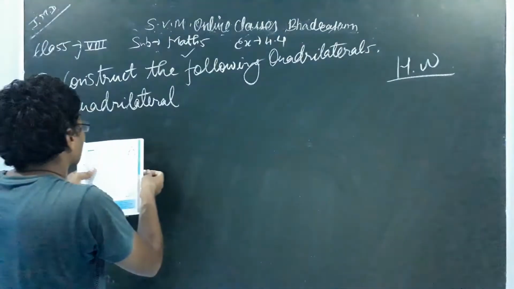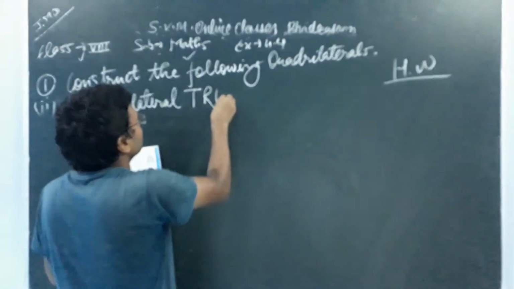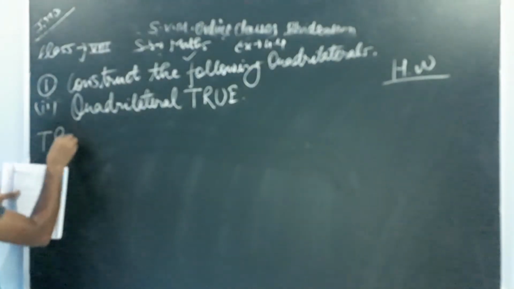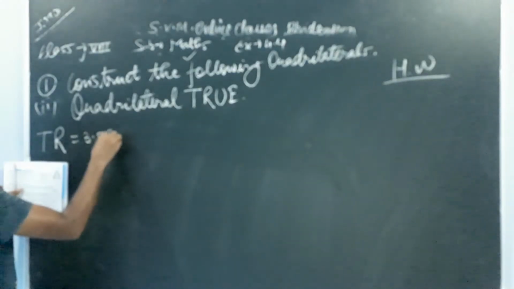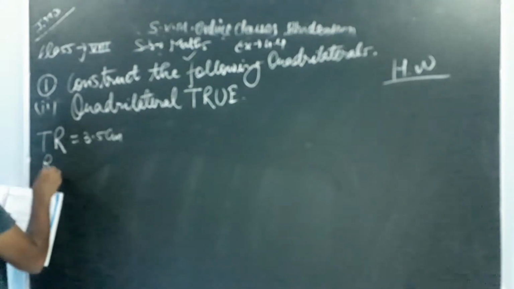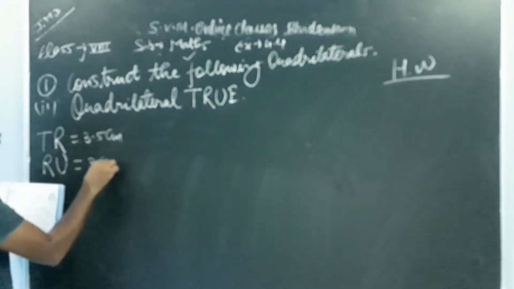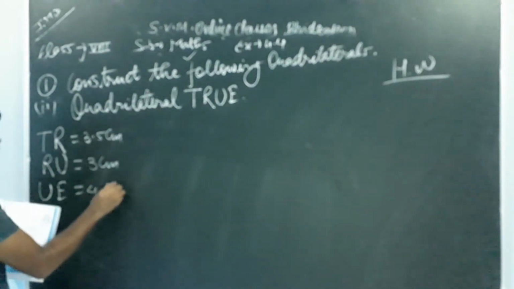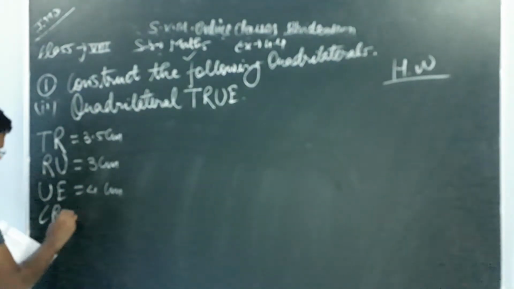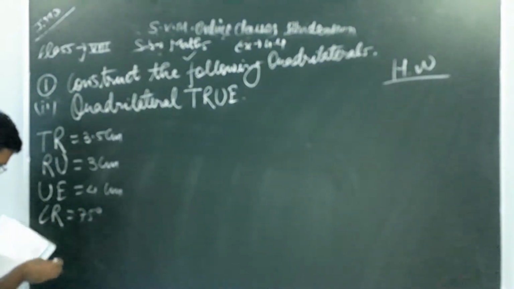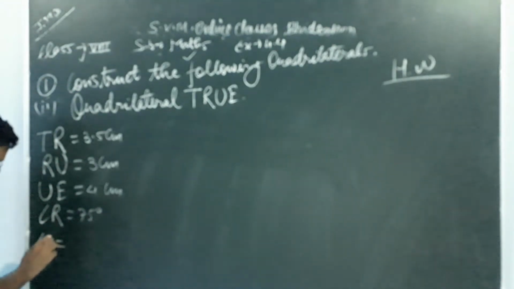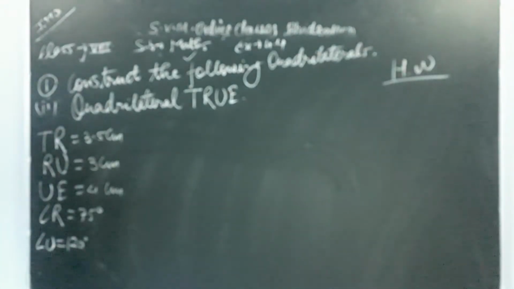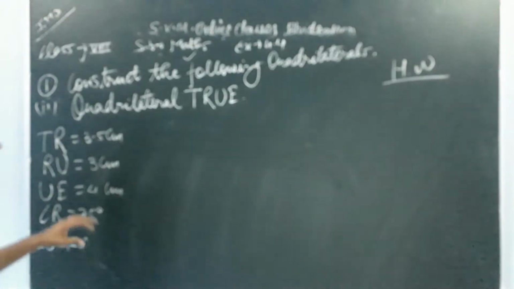Our given data is TR equals 3.5 centimeter, RU equals 3 centimeter, UE equals 4 centimeter, angle R is 75 degree, and angle U is 120 degree. Good. Let us move towards solving this sum.